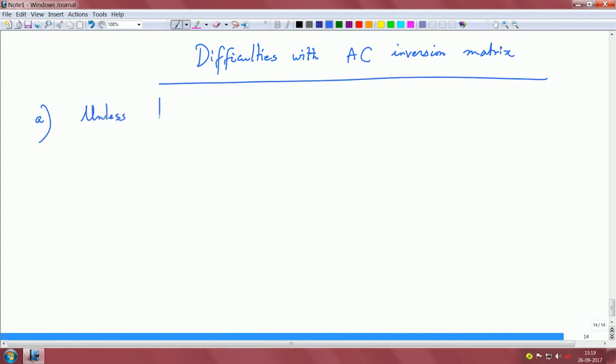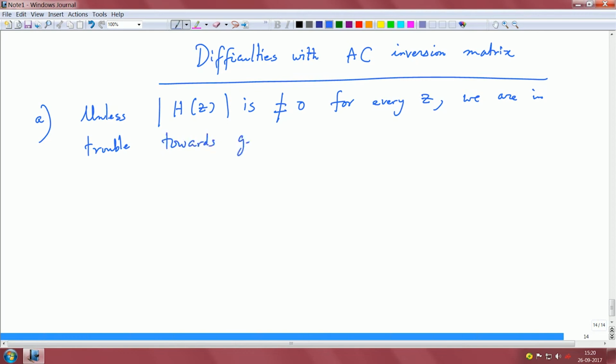Unless the magnitude of H of z is not equal to 0 for every z, we are in trouble towards getting H inverse of z.